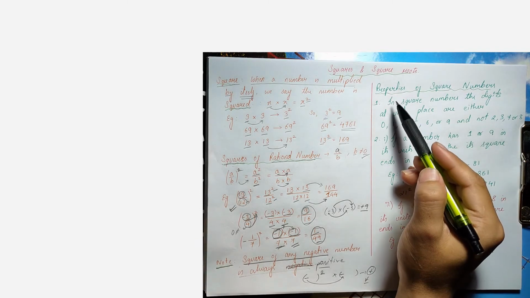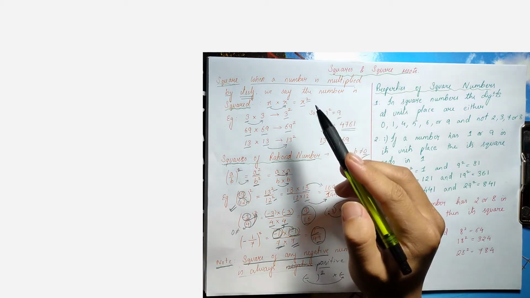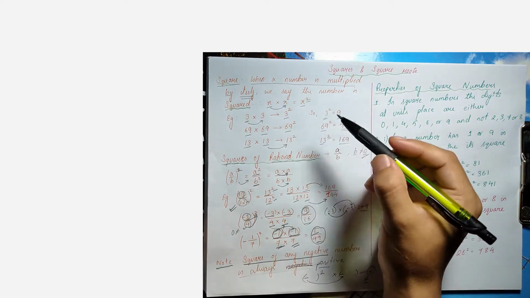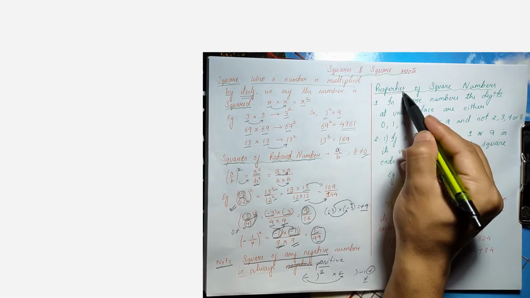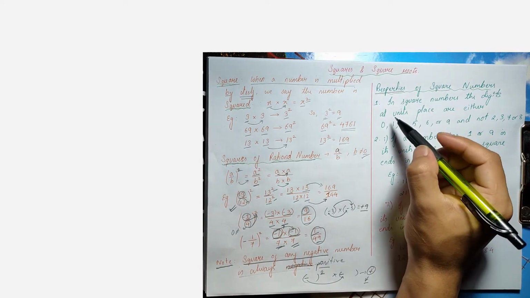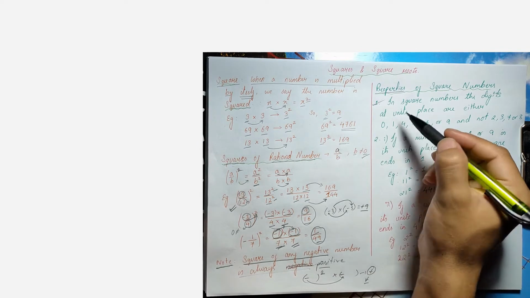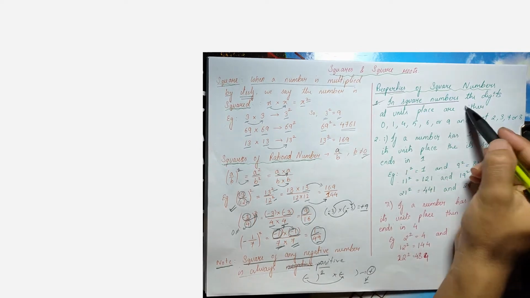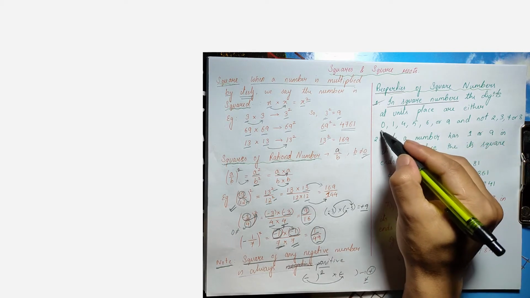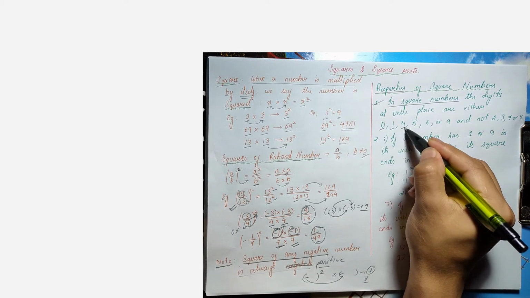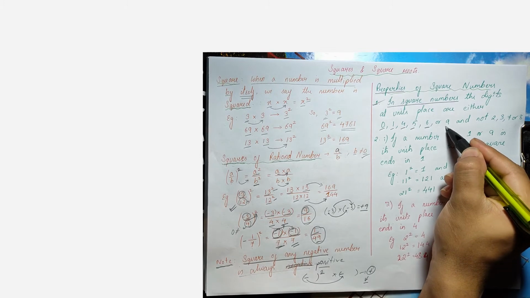Now, squares of some numbers are given on the left hand side of your screen. Please refer to that table for understanding these properties of square numbers. Now, property number 1. In square numbers, the digits at unit place are either 0, 1, 4, 5, 6 or 9.